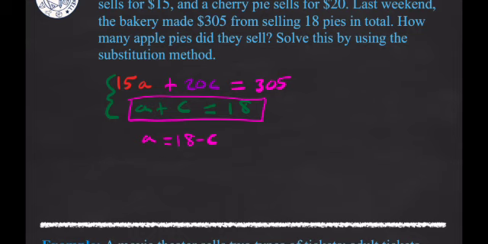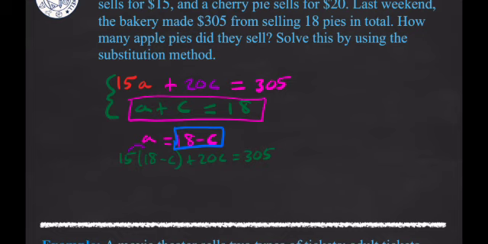So what we have now is 15 times a, but a is 18 minus c, plus 20c equals 305. Notice a is 18 minus c. So we substitute, we put it in place of the other.